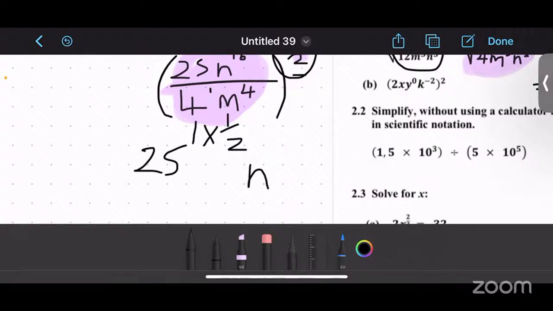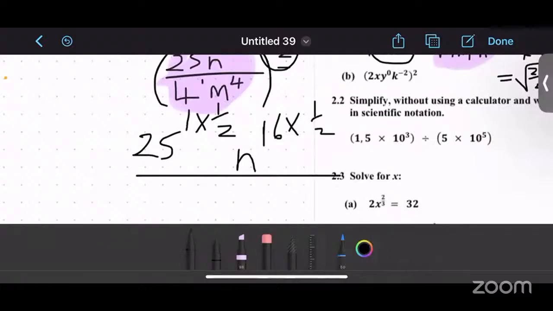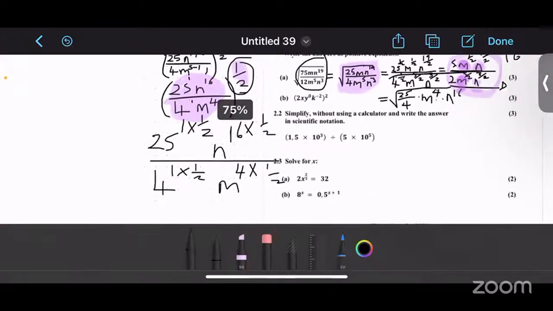And then we're going to have n to the power of 16 multiplied by 1 over 2, divided by 4 to the power of 1 multiplied by 1 over 2, m to the power of 4 multiplied by 1 over 2. Are you guys following?